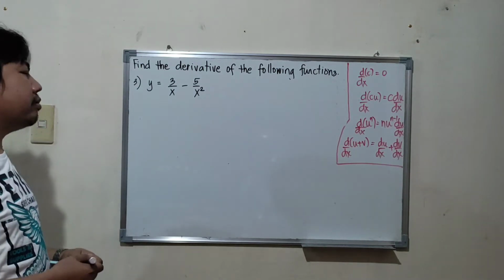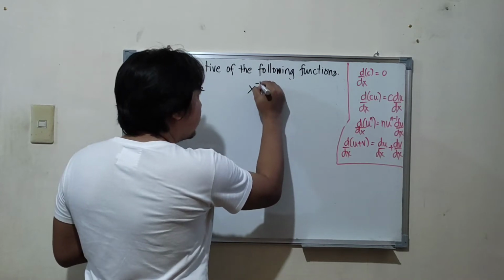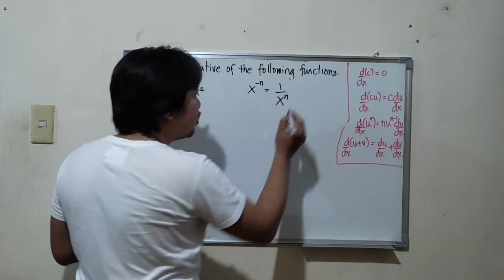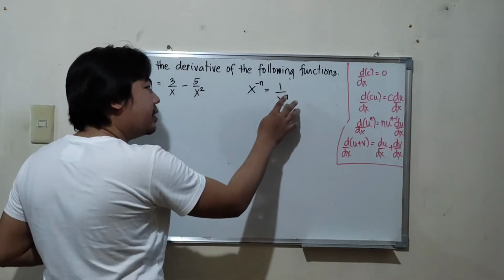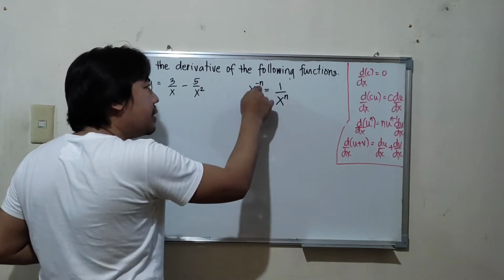When we have this rule, x raised to negative n is equal to 1 over x to the n. So when the exponent n is in the denominator, we can bring it up, and it becomes negative.